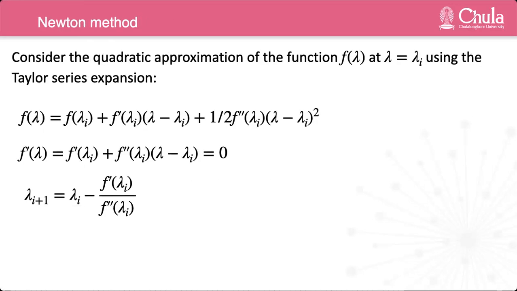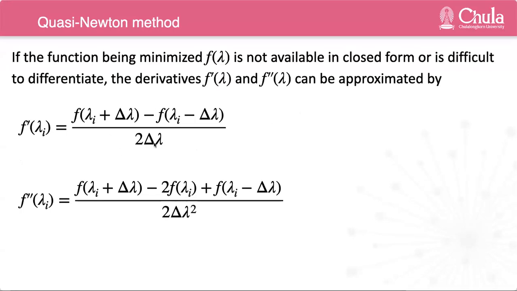The drawback of the Newton method is we need the derivative and second order derivative. For some functions, it's quite difficult to find the analytical solution of the derivative and second order derivative. To solve such a problem, we can estimate, because anyway, we're going to approximate the objective function, right? So we can estimate the derivative of the objective function by using a numerical method.